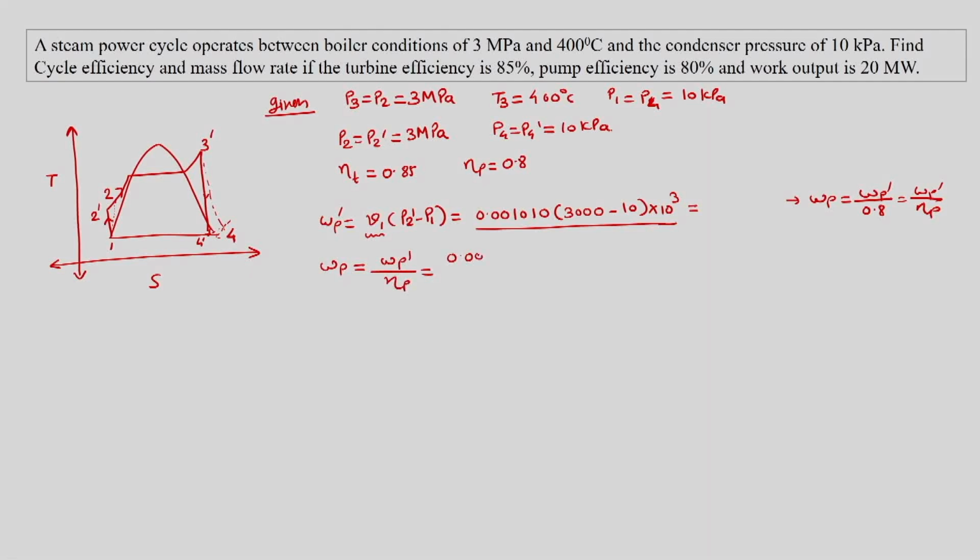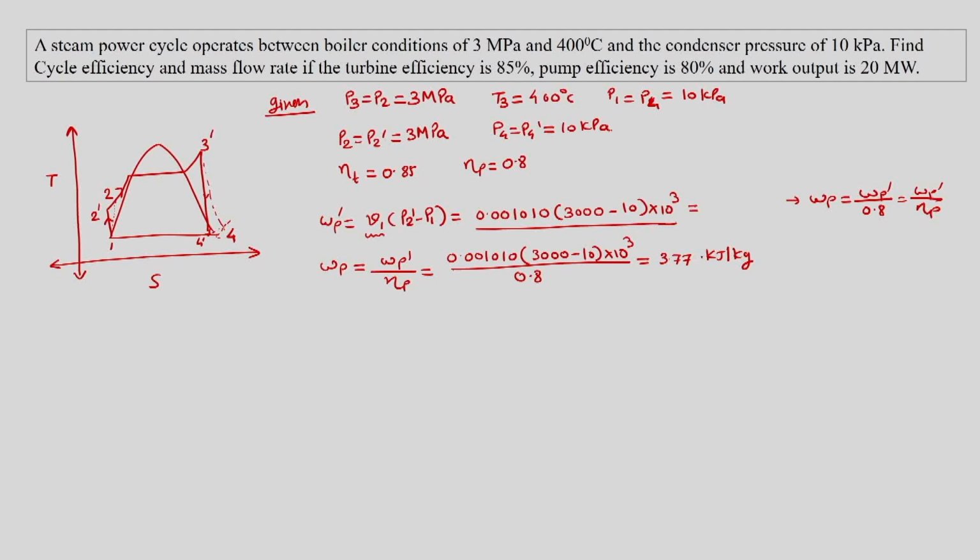So 0.001010 into 3000 minus 10 into 10 to the power 3, divided by 0.8. So this gives us real pump work, which turns out to be 3.77 kilojoule per kg.